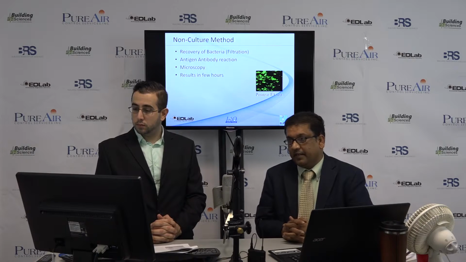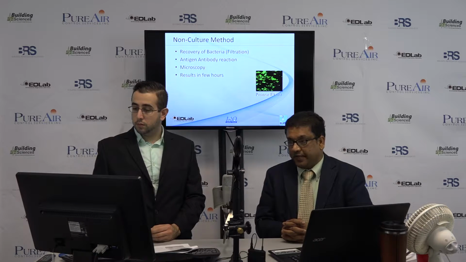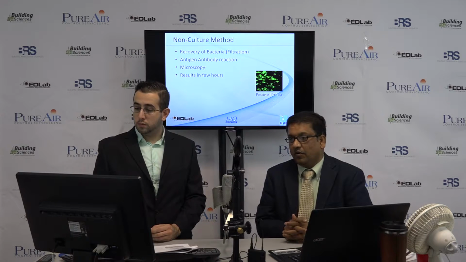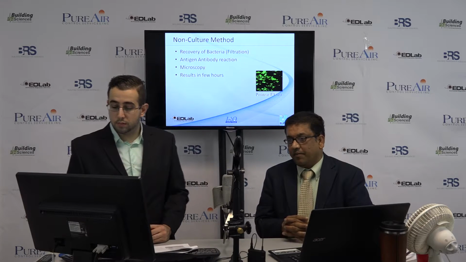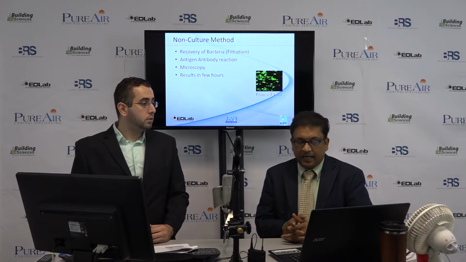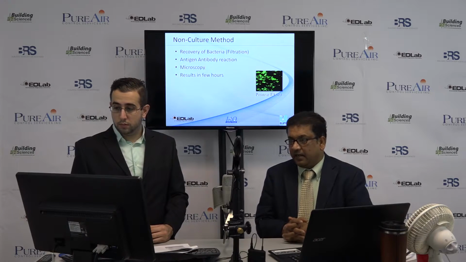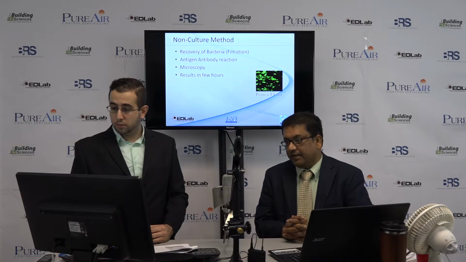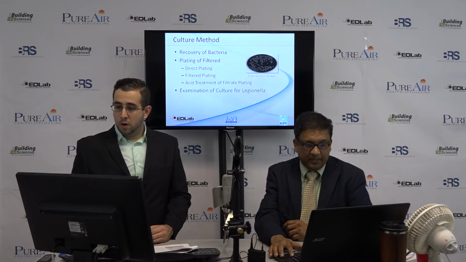You get the material on a filter, and then you take the dye and stain it, and then you look under the microscope and make an assumption about what bacteria it is. On this slide, you can see the fluorescing area, which is indicative of positive staining, a positive test, and it means that Legionella is present.